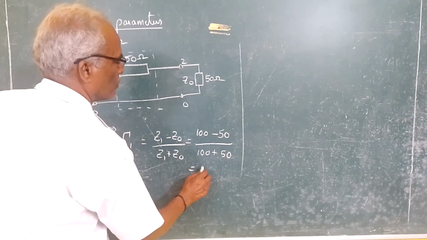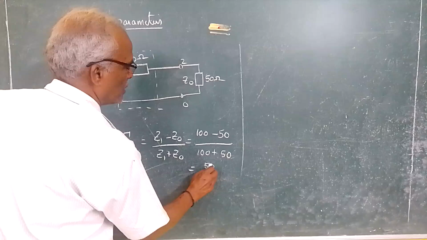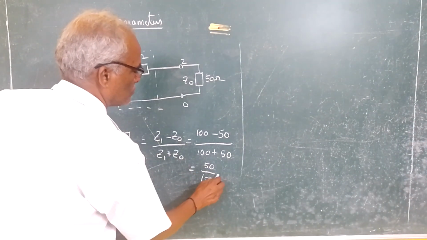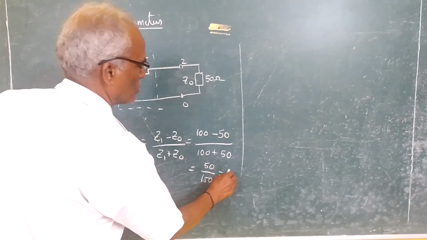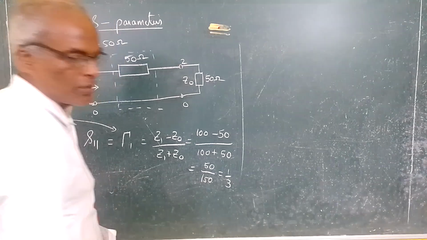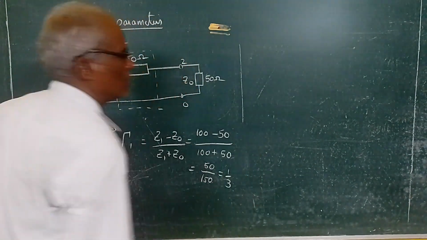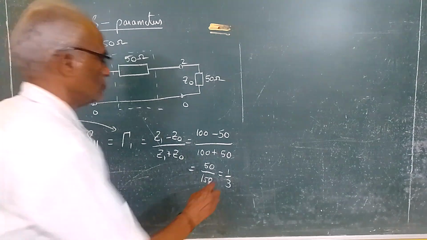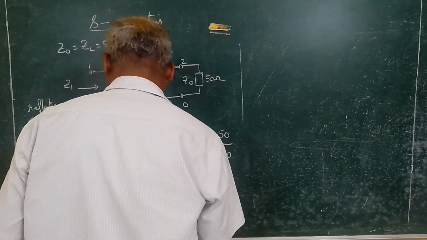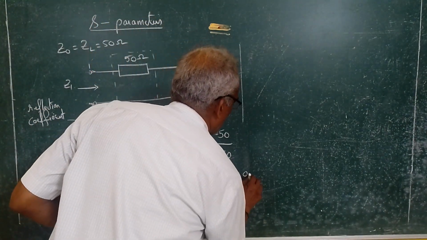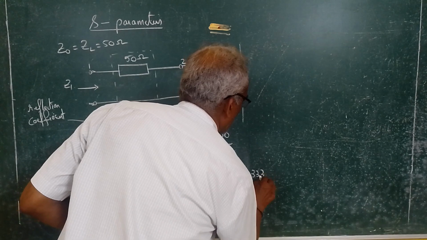So this will give you 50 by 150, which is equal to 1 by 3. Now this 1 by 3 is equal to 0.33, 0.33 angle 0.